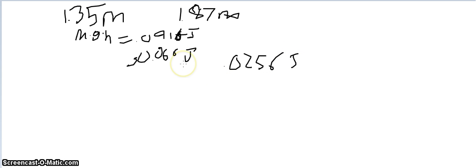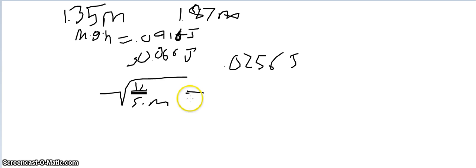The way I'm going to get velocity is to take a modified version of the formula KE equals 0.5 times mass times velocity squared, which gives velocity as the square root of KE divided by 0.5 times the mass, because we're trying to find velocity, and we know the kinetic energy and the mass.